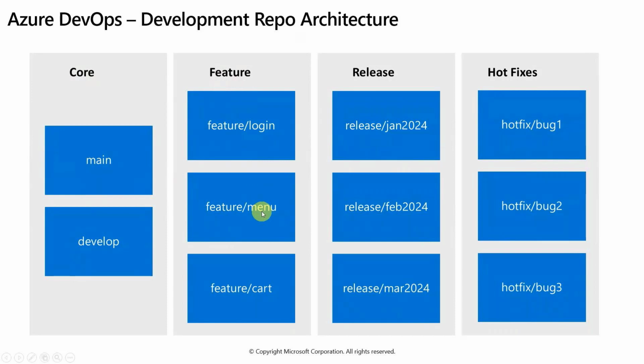Then another person menu, another person cart. Features are developed in feature branches. One important point is that any branch you want to create asks us to choose the source. In general, when people are developing, they always pick develop as the source branch.